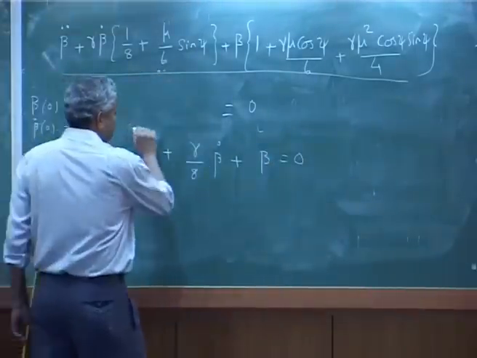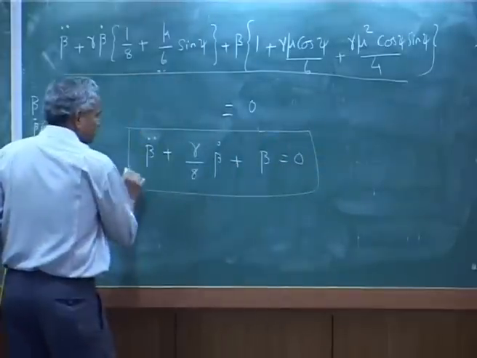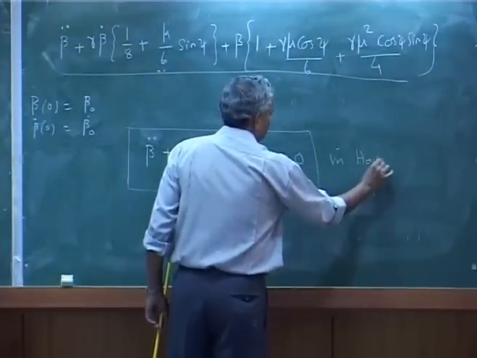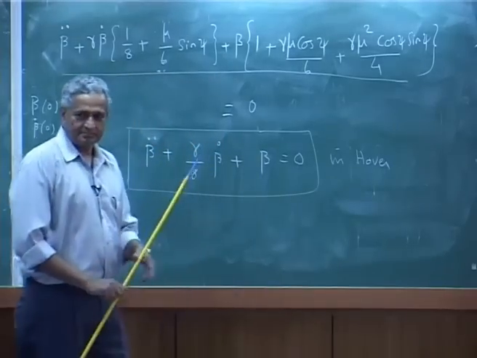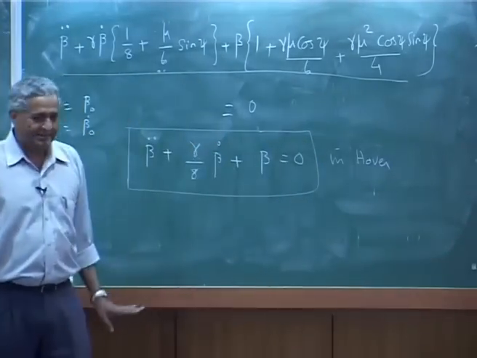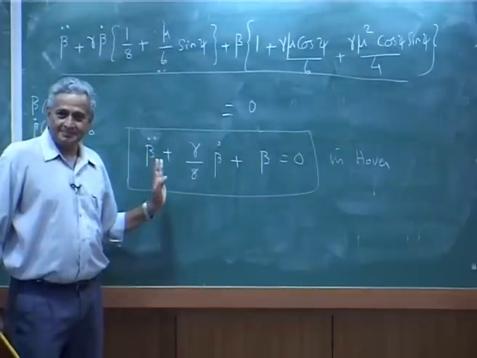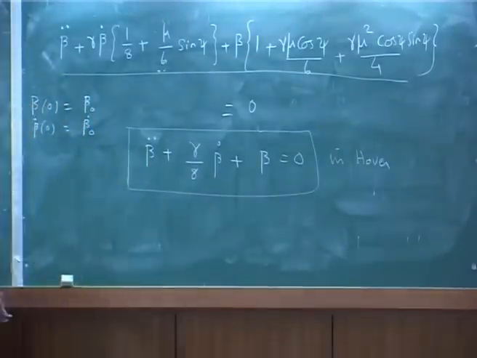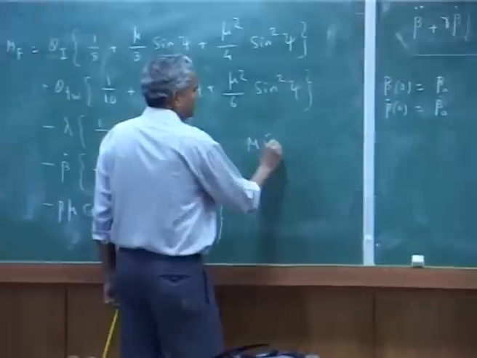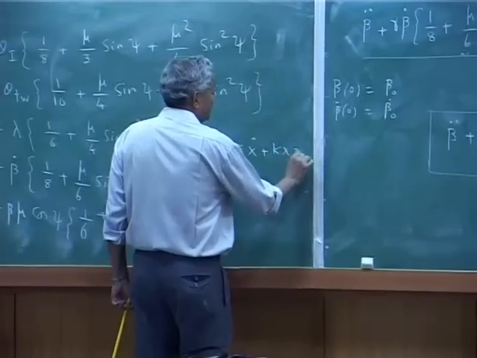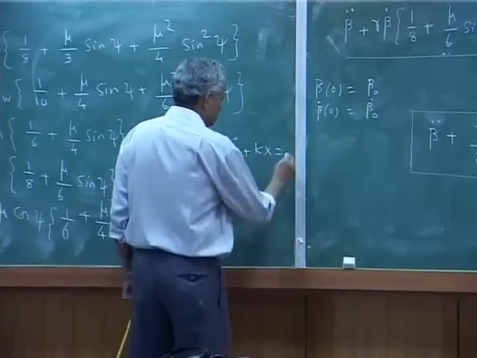This is my flap equation in hover. Just no external load. Of course, gamma over 8 is the damping term. This is very similar to, you have your m x double dot plus c x dot plus k x equals f of t. I am taking it as 0.